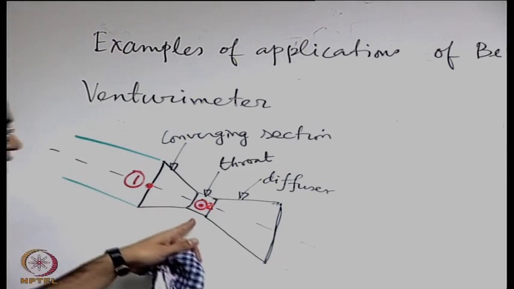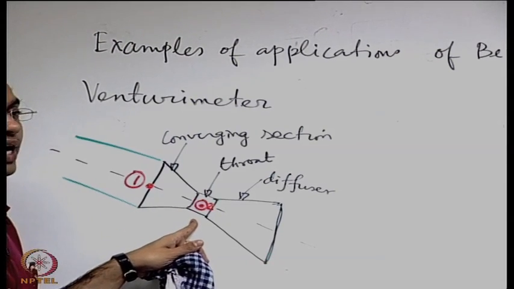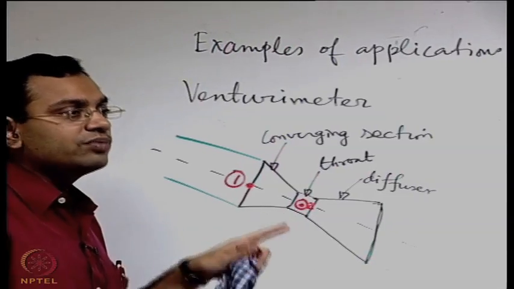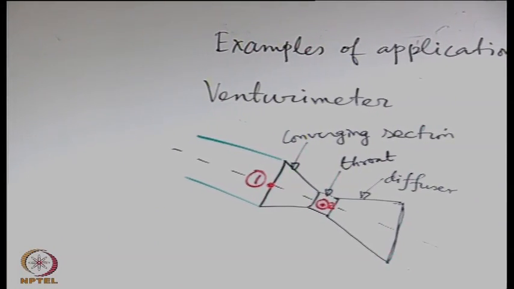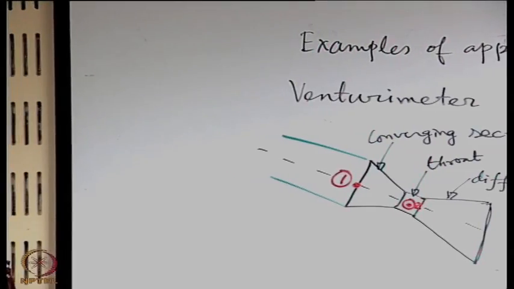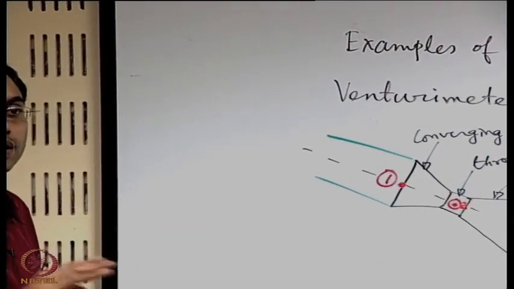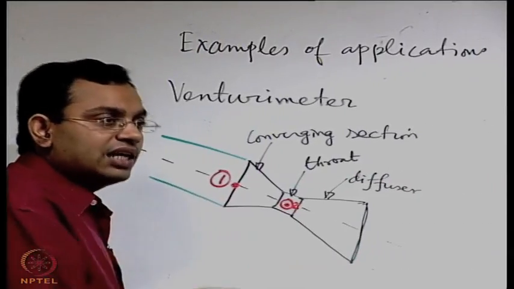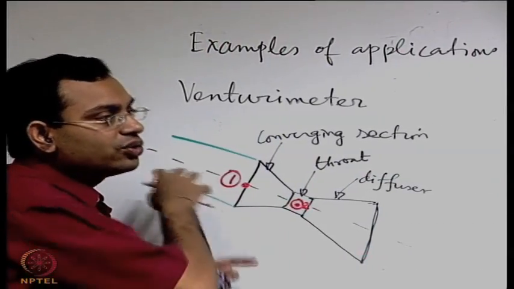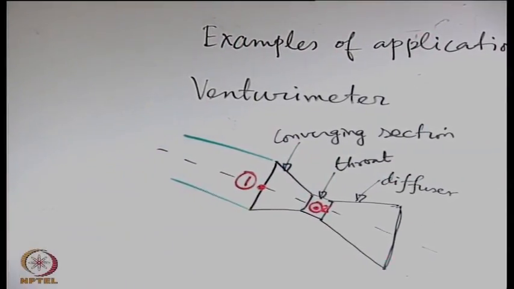So since the velocity is more, now if you write the Bernoulli's equation, assume that it is a frictionless flow, then P by rho plus gz, that term will be what? That term will be changing, and if we can find out a measure of that change, then it is possible to find out the velocity through the Bernoulli's equation.